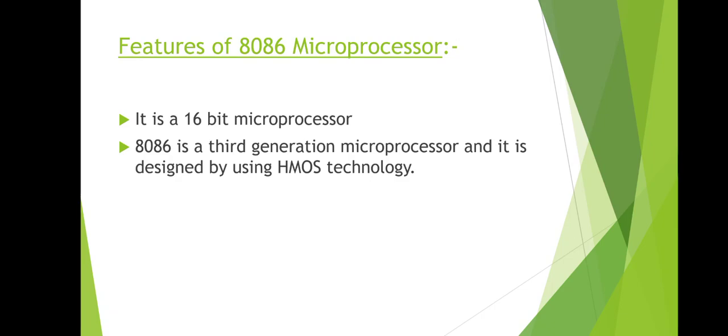And second generation microprocessor is 8085 microprocessor, and the third generation microprocessor is 8086 microprocessor, and it is designed by using HMOS technology. Here, by using HMOS technology, they designed 8086 microprocessor.